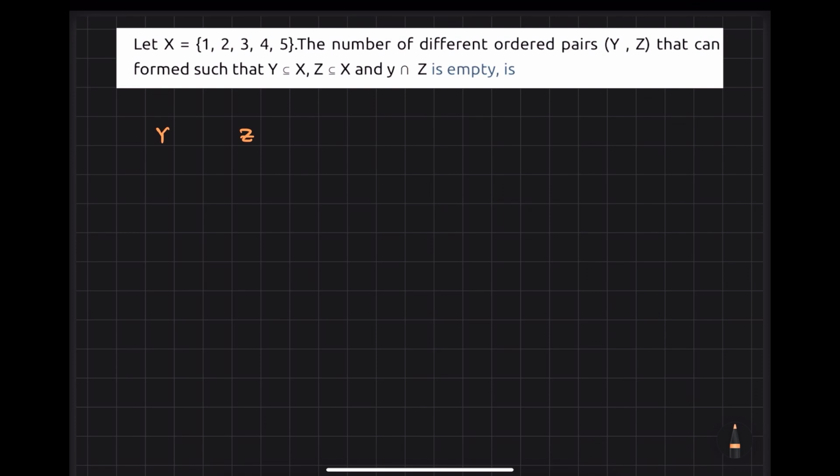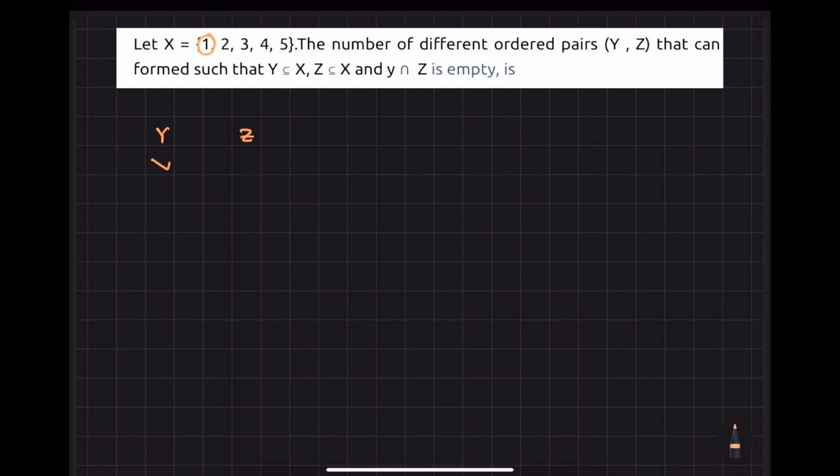Okay. Now the idea is, forget about the conditions for now and try to create the sets z and y using the elements of set x. Suppose you have handpicked the first element, which is 1. So you can go this way.